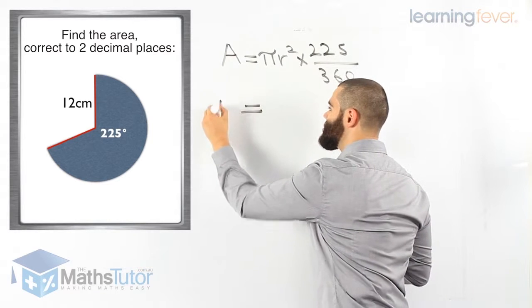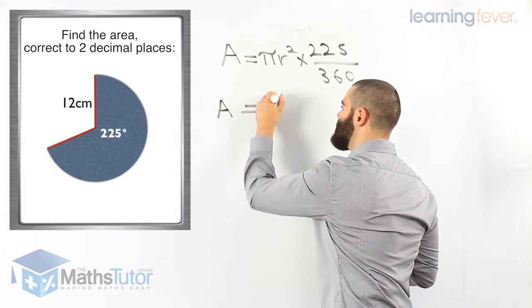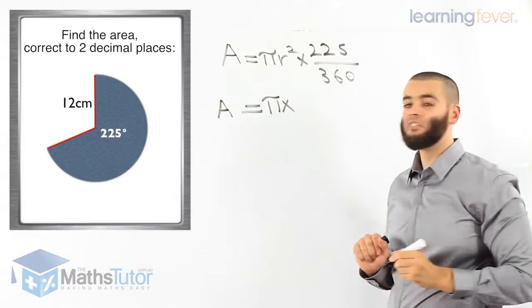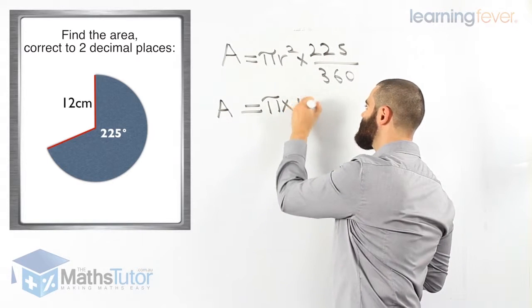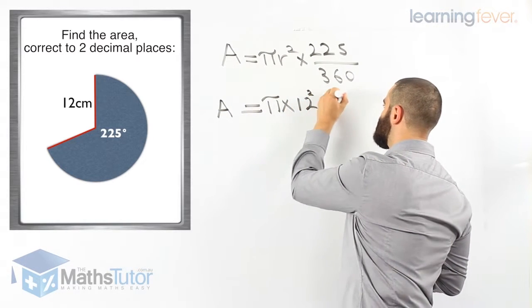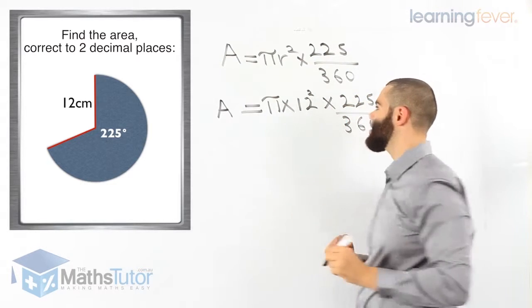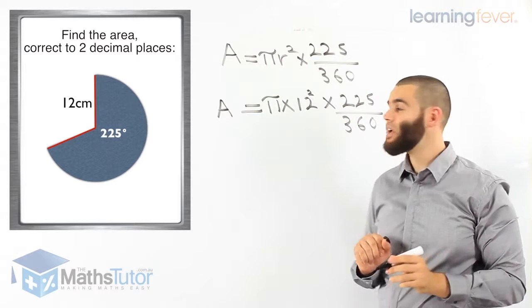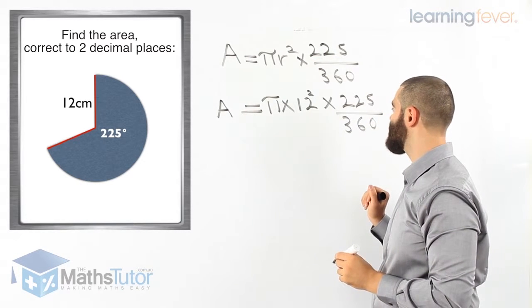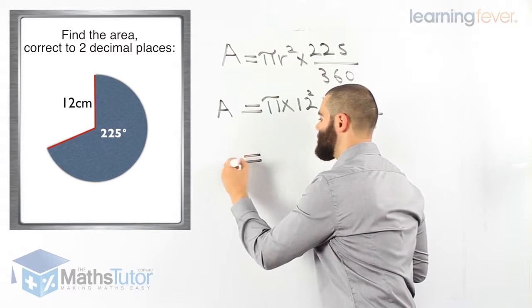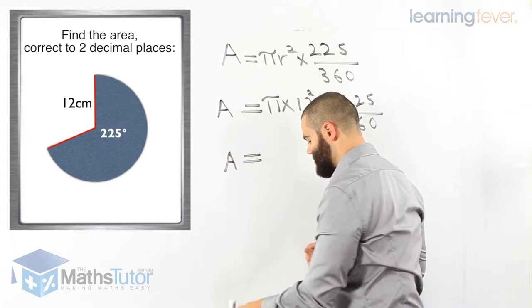We substitute our information. Pi times the radius, which is 12, squared, times 225 over 360. Pi times 12 squared times 225 out of 360. And we grab our calculator and we do it straight away.